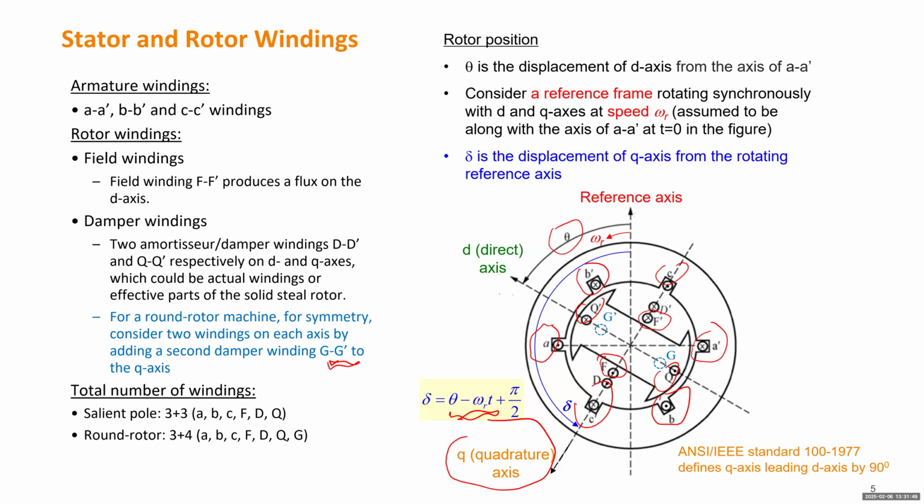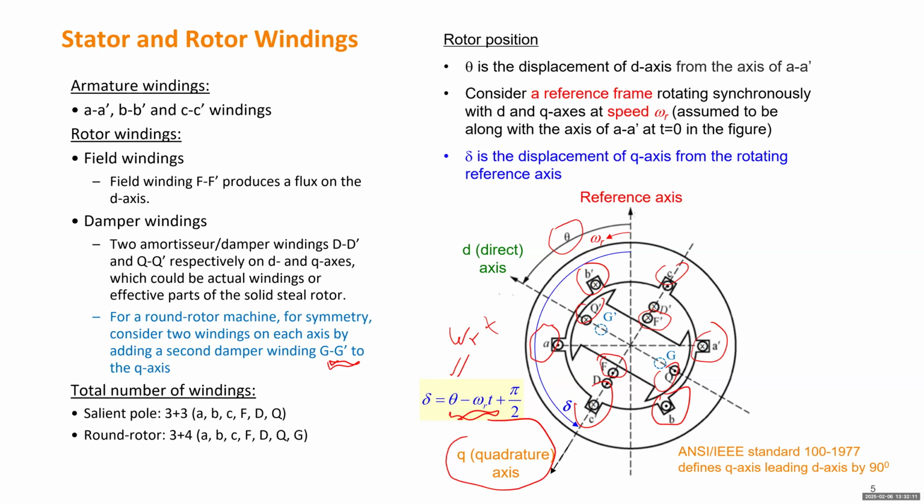Okay. So if theta is operating, the rotor is revolving at exactly this speed, this will be canceled by the negative omega R T. So delta will be constantly 90 degrees, which means the delta will be constant. It doesn't change.